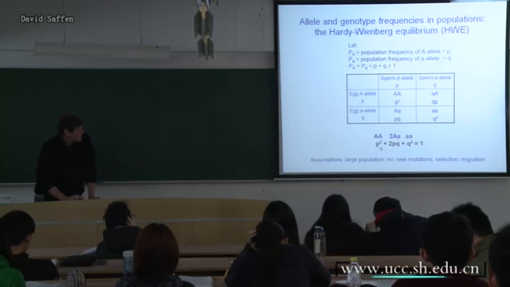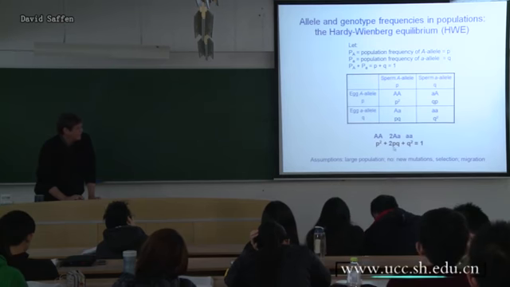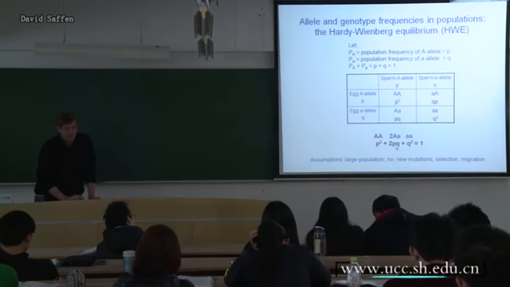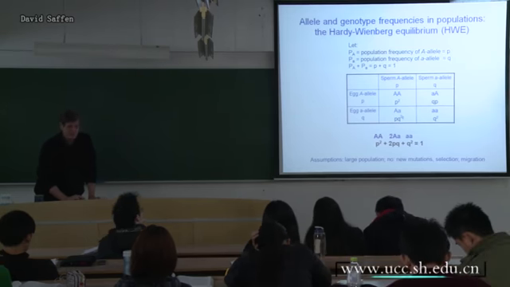So these numbers here represent the probability of finding the genotype big A, big A. This is the probability of finding the genotype big A, little a. This is the probability of finding the genotype little a, little a. Okay? Now this is so simple that you might think, what's the big deal?